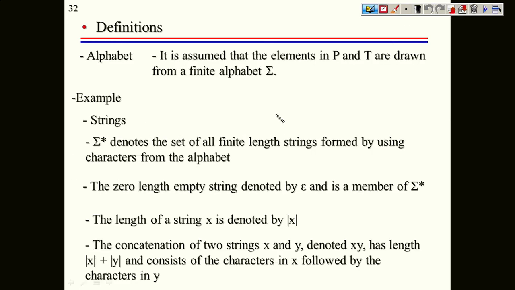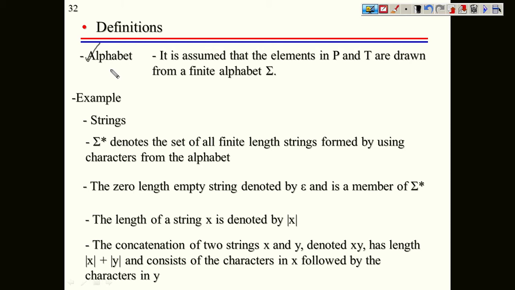Let us talk about some terms that we refer to when we talk about string matching. The very fundamental term is alphabet. An alphabet is a set of symbols or characters from which your patterns and text are derived. What does it mean? It means we are provided a set of symbols, and your text and patterns can only consist of that alphabet.